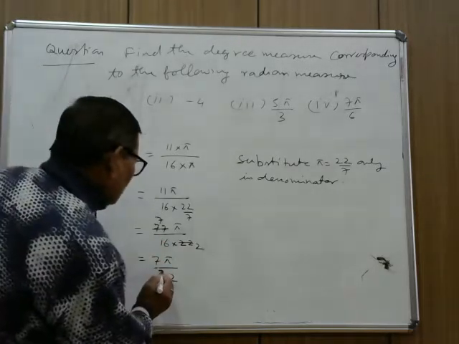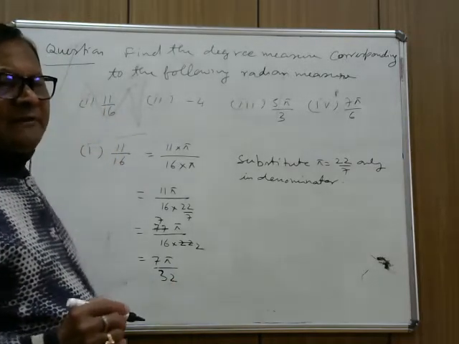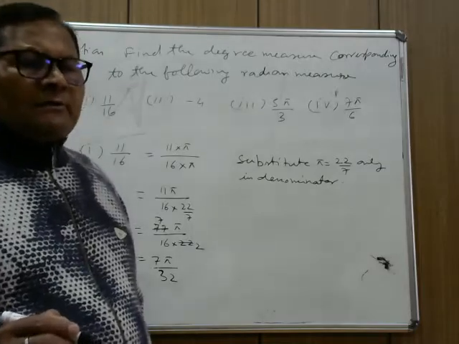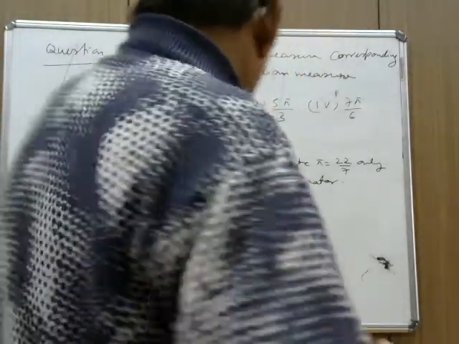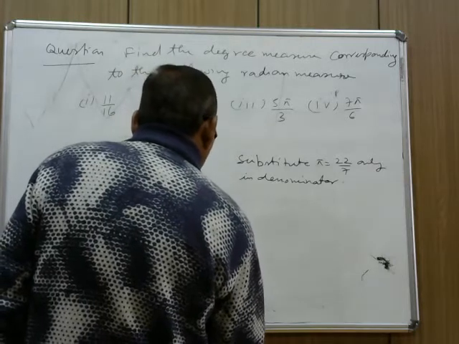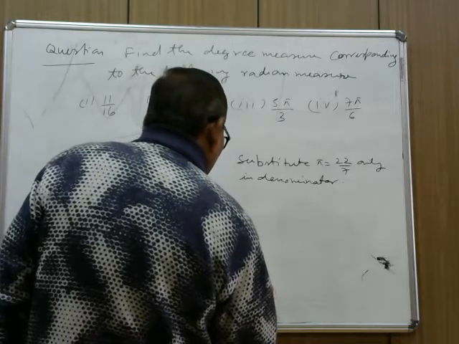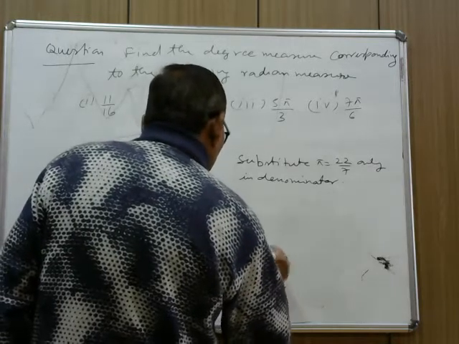So in order to change this pi radian into degree, you have to multiply the given pi radian by 180 upon pi. So this is equal to 7 pi upon 32 multiplied by 180 upon pi, this much degree.